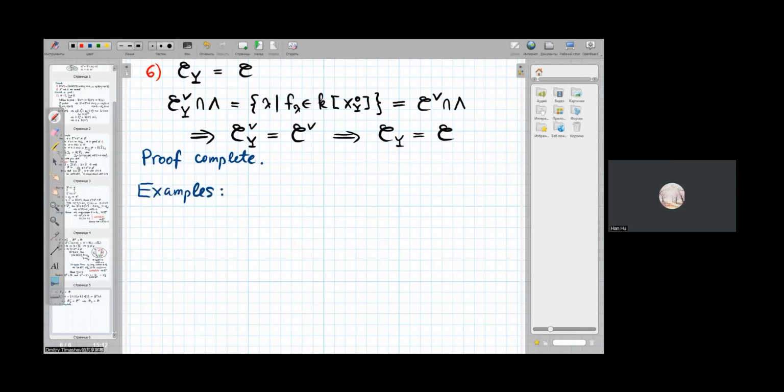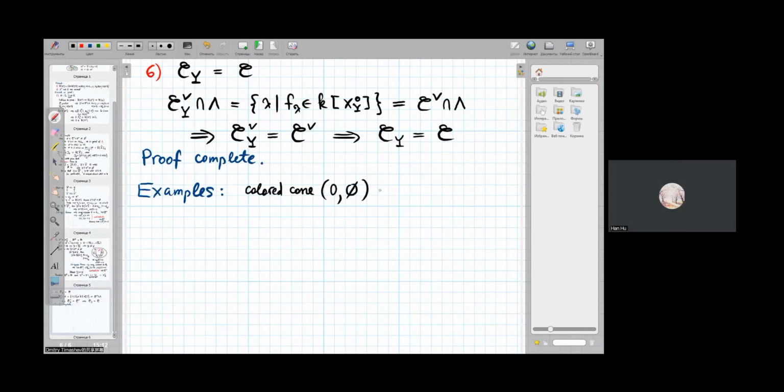Let us consider the following colored cone. The cone C itself will be zero, just a cone consisting only of the zero vector. It is, of course, a pointed cone, and the set of colors will be empty.